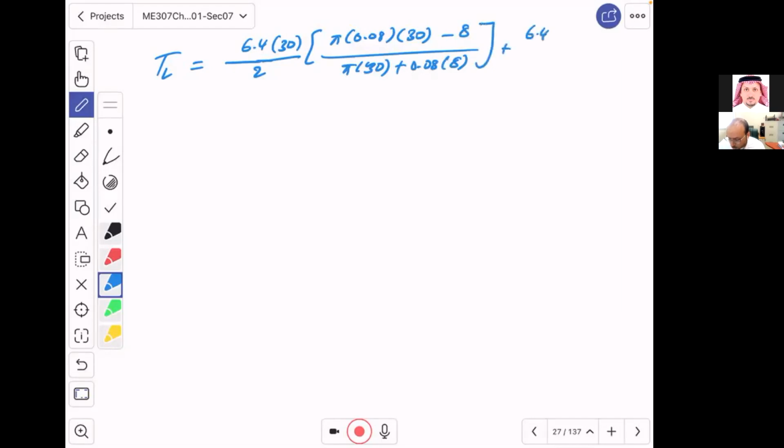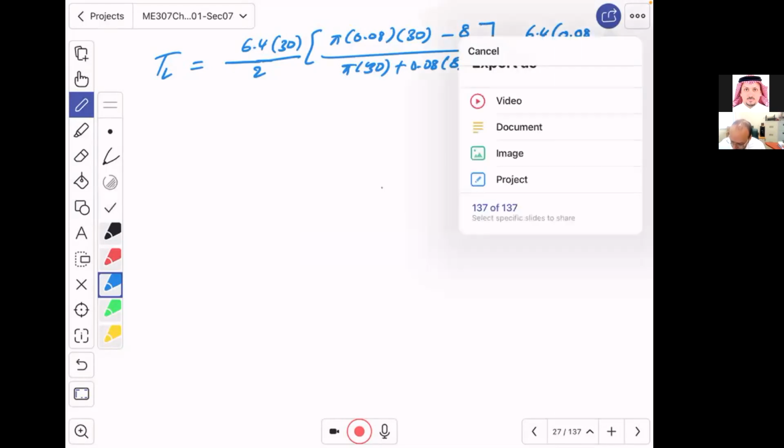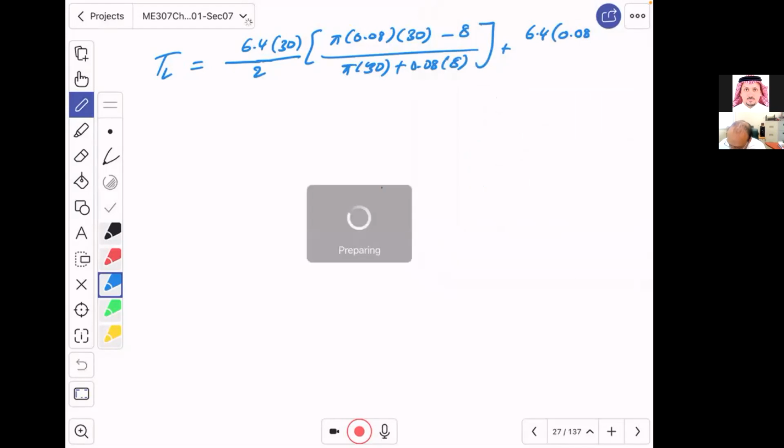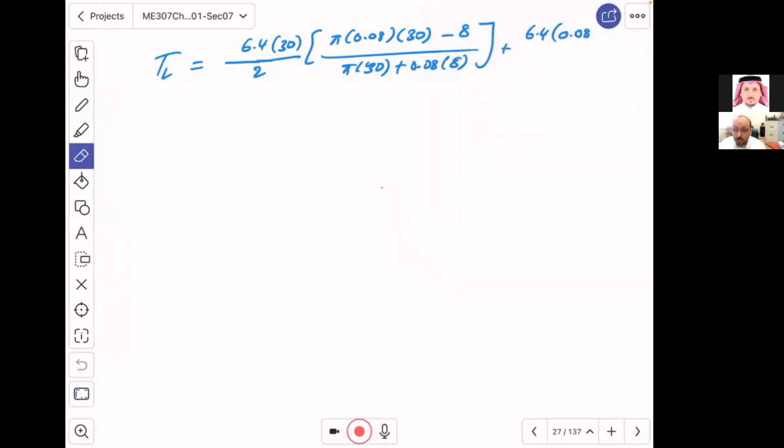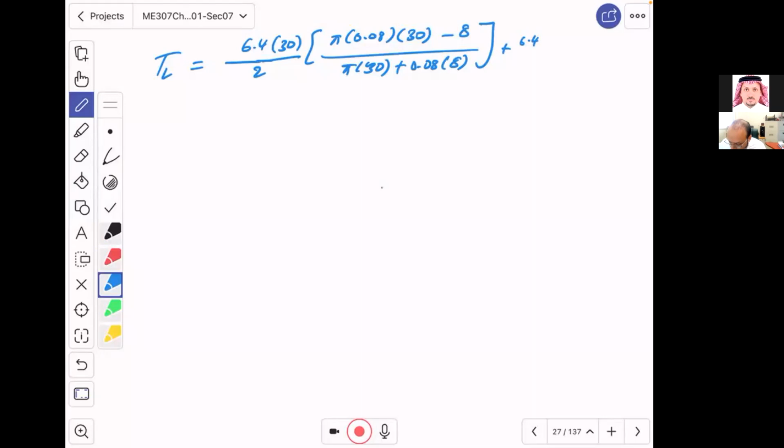Plus 6.4 multiplied by the friction 0.08 multiplied by 40 divided by 2.